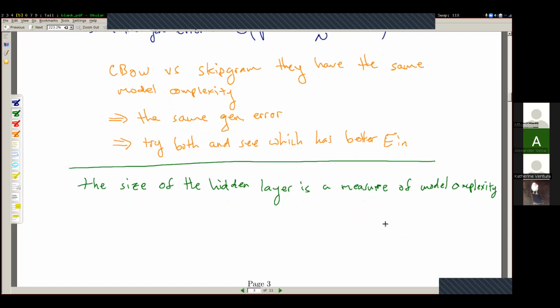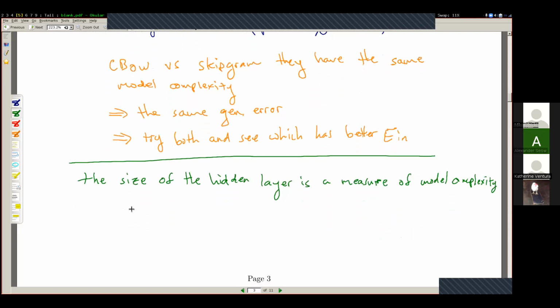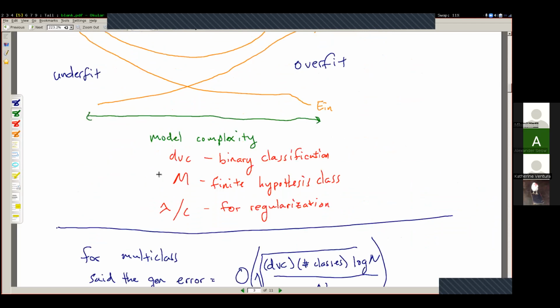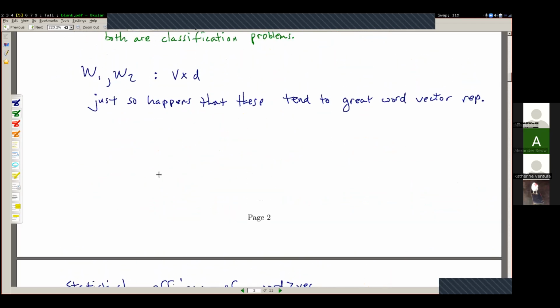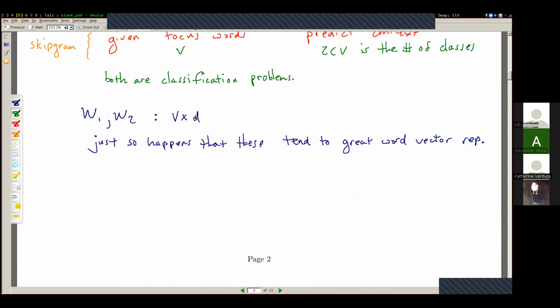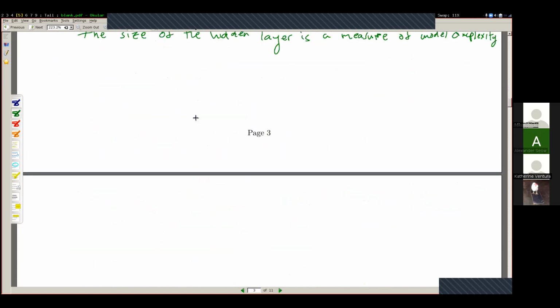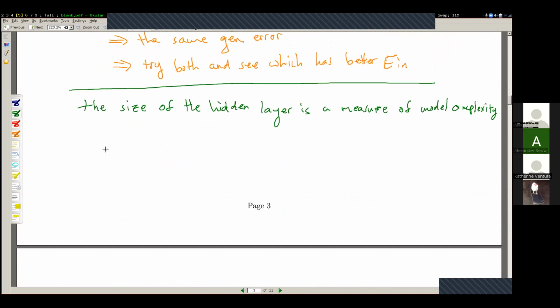And if this hidden layer size, what did we call it? Yeah, so the D right here. If that D is increasing, that's a more complicated model.